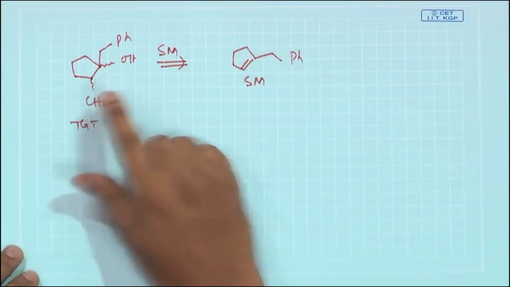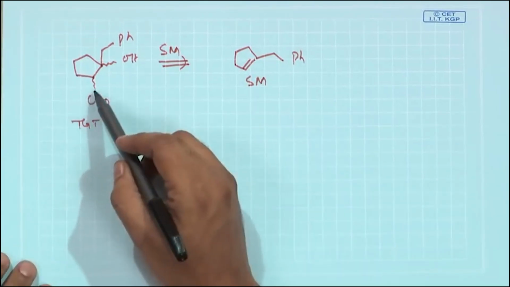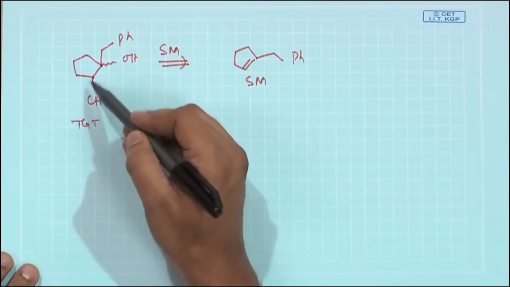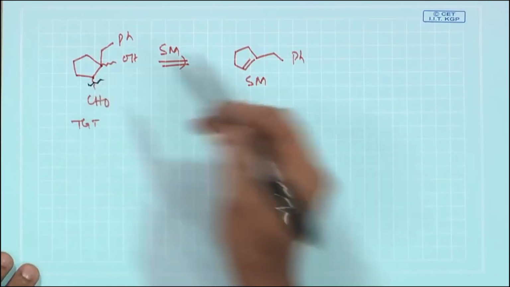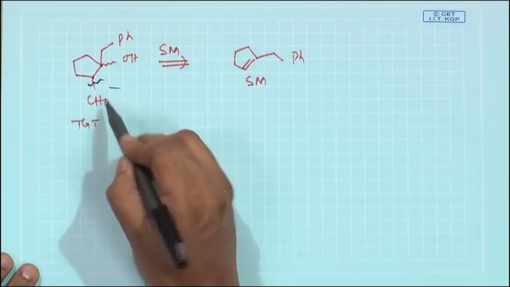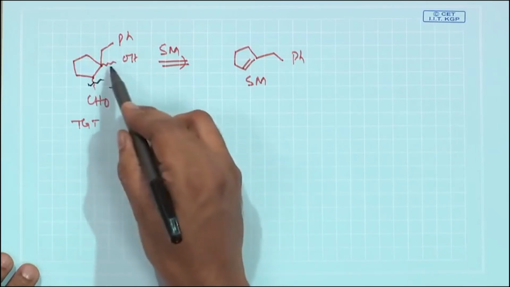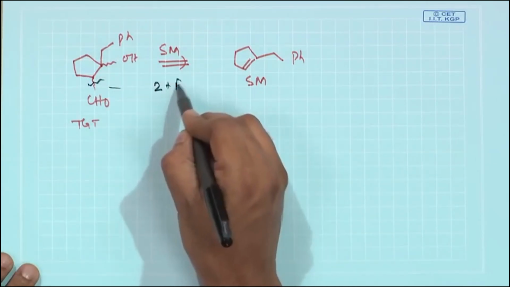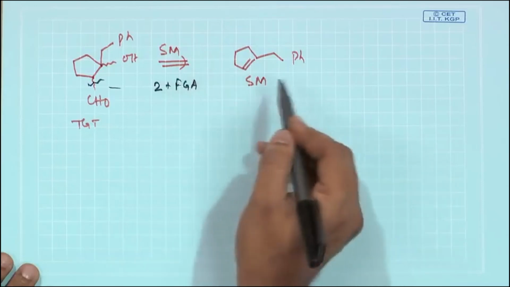If you closely analyze the functional group content, the only functional group added here is a CHO. This is basically a double bond, and you are adding a CHO and an OH. So, two functional groups were added to the starting material to give you the target molecule.